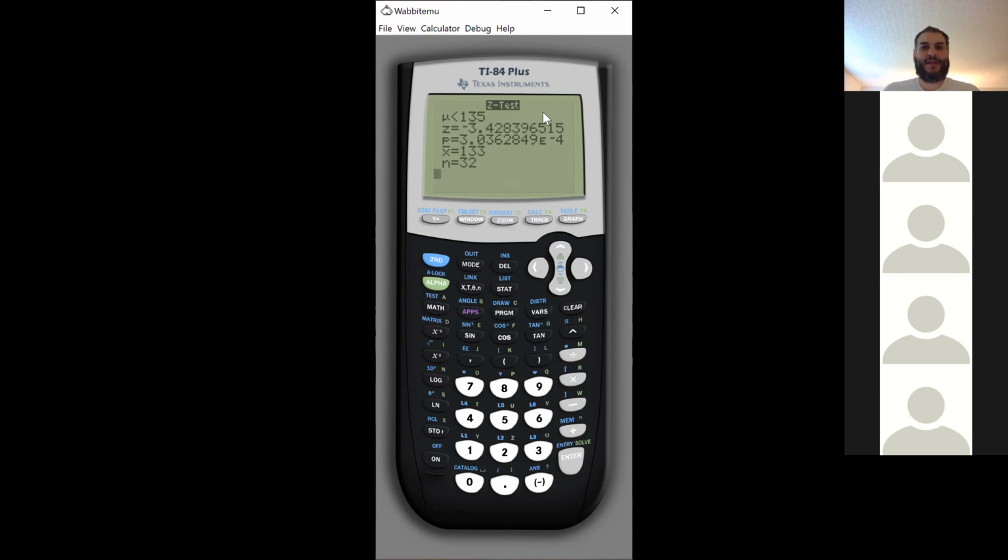The e to the negative 4 is telling me to take this decimal and move it 4 places to the left. So your p-value should be 0.0003, and this is the left tail. Everybody go on p-value and the z-value. All right. Let me transfer back to my notes.